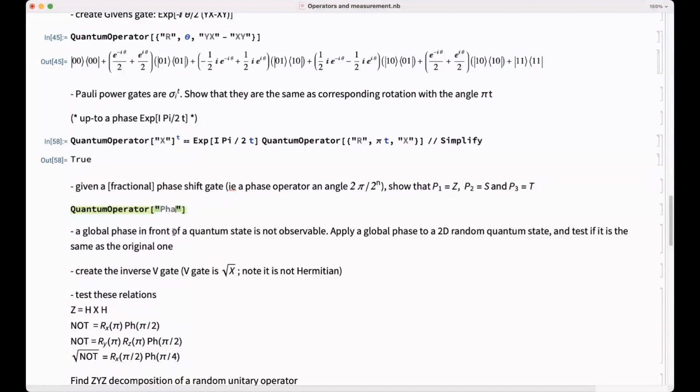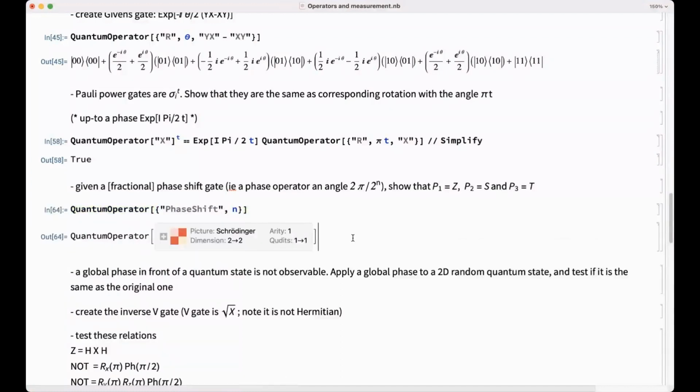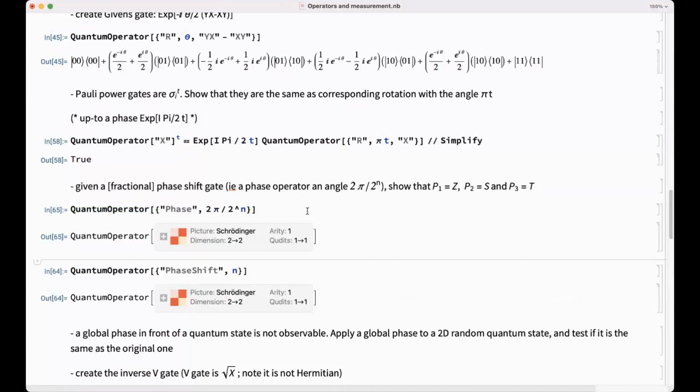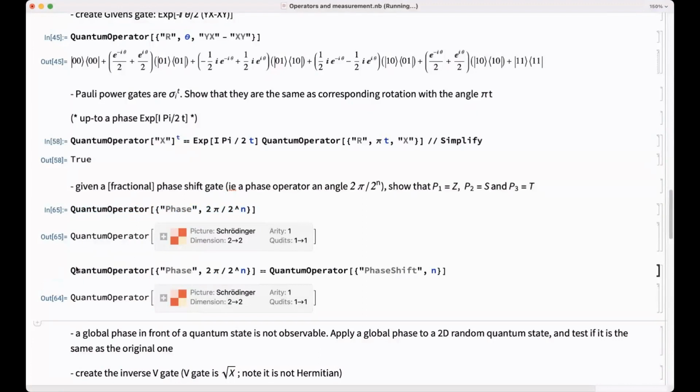Phase shift, and then n. Remember, whenever there is something common, very likely it is already in our framework.